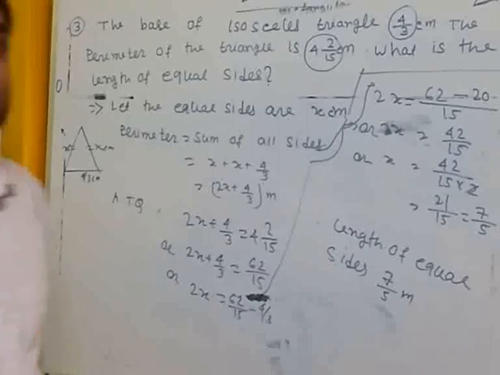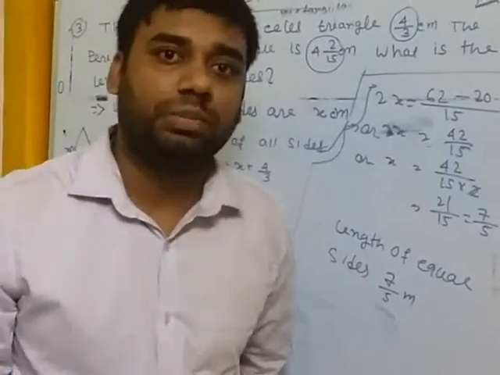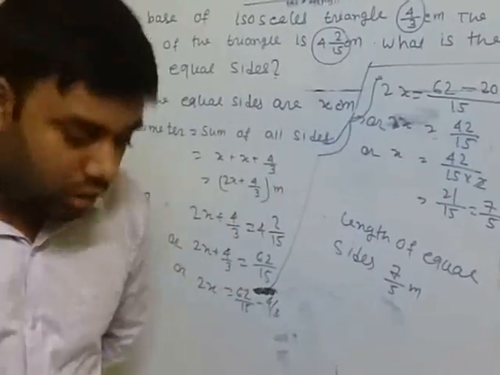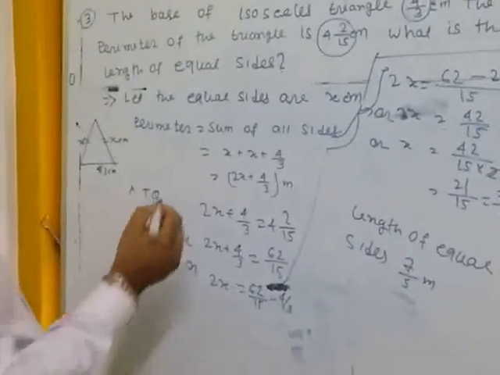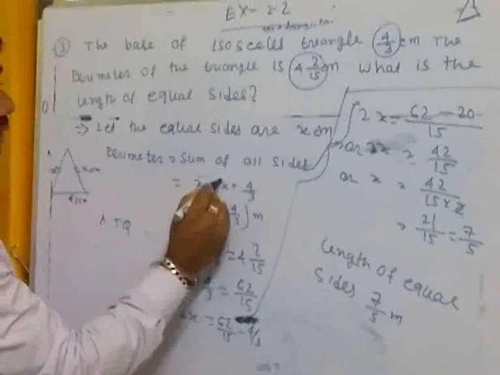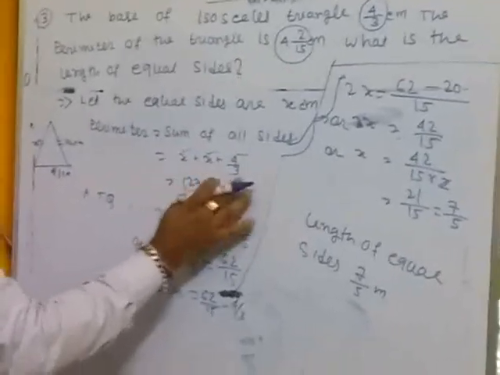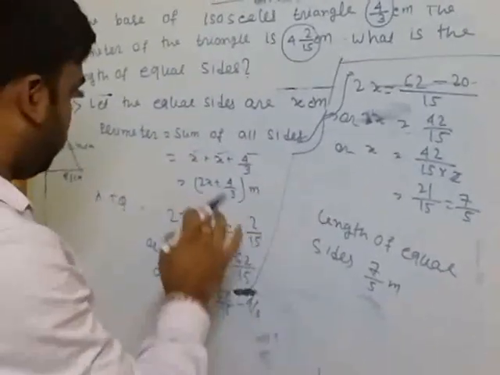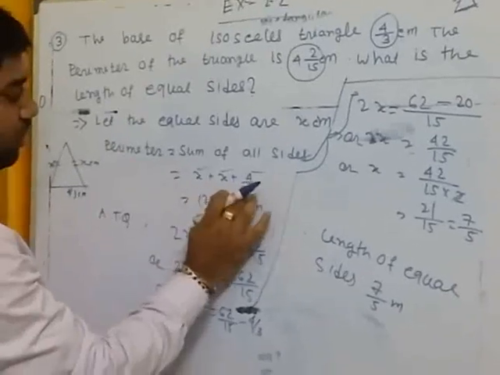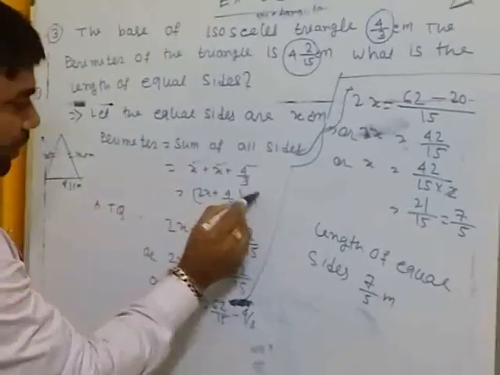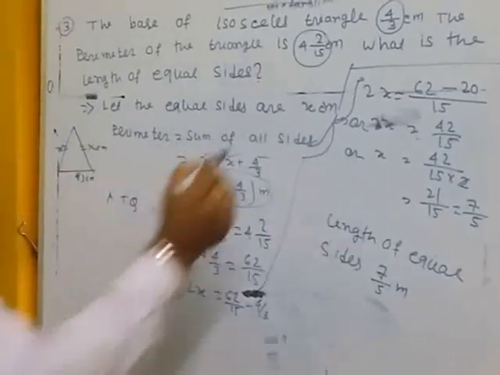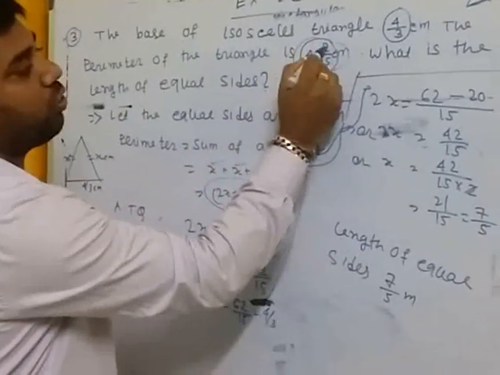So two sides are of length x, and the other side, the base, is 4 by 3 centimeter. Perimeter of a triangle means the sum of all sides: first side, second side and third side. The sum of the three sides is 2x plus 4 by 3, and that is the perimeter in terms of the variable, and the perimeter is given as 4 whole 2 by 15.